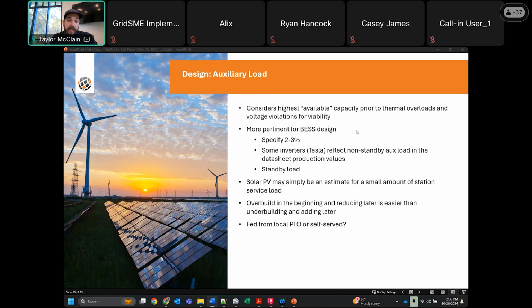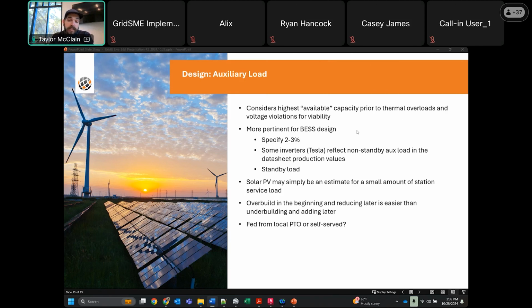And the other thing to consider, which we talked about a bit this morning, and as the question was asked, following up on that, you could end up needing to feed your auxiliary power from the local PTO. And this is something that you might not be able to determine at these very initial steps, but you could certainly get in conversations with the local PTO, with the local distribution owner, and start determining if that's going to be a requirement.